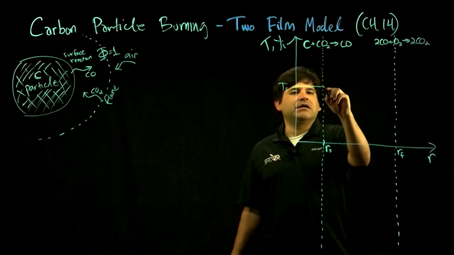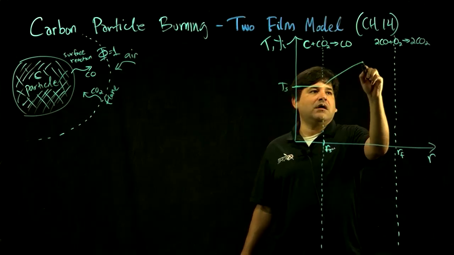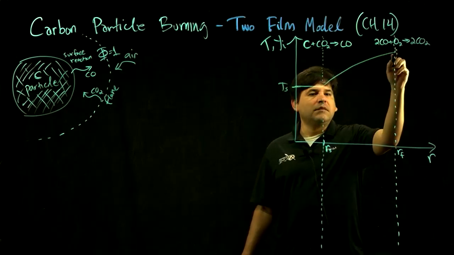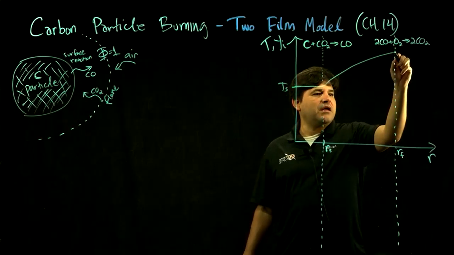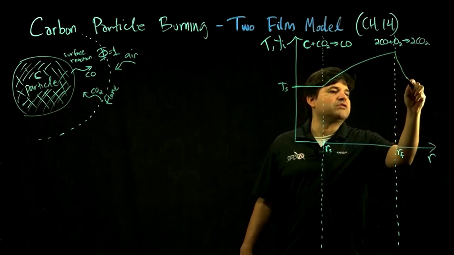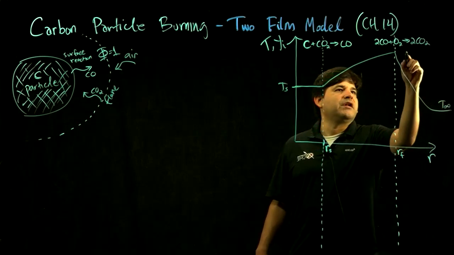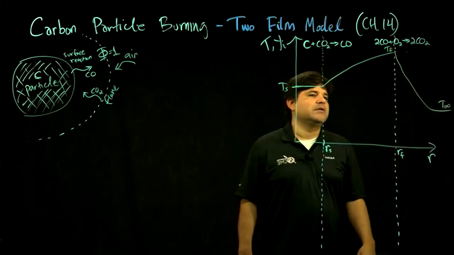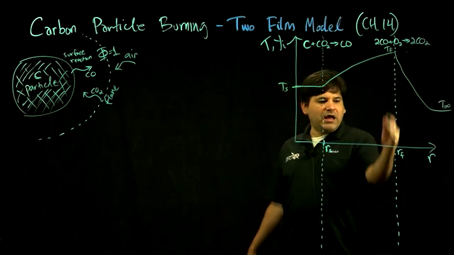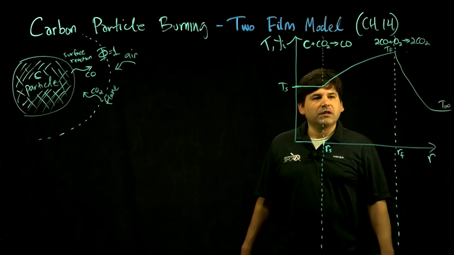Then at the surface, there's a chemical reaction leading to CO, and then burning upstream, that temperature would be the flame temperature, then it'll go down to whatever the ambient temperature is. So this will be the temperature infinity, this will be the temperature of the flame, the hottest point, and that will peak out at the flame sheet, and this will start to increase at the surface. So that would be the temperature.